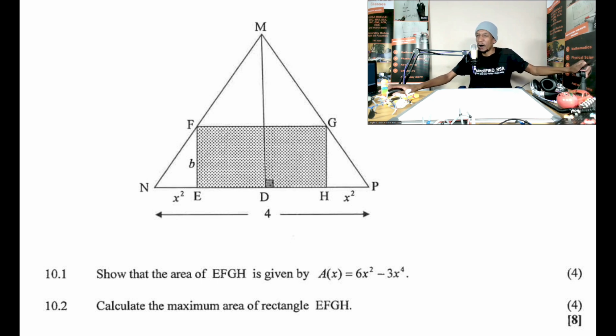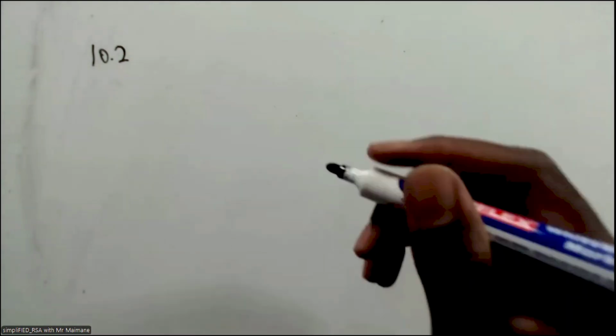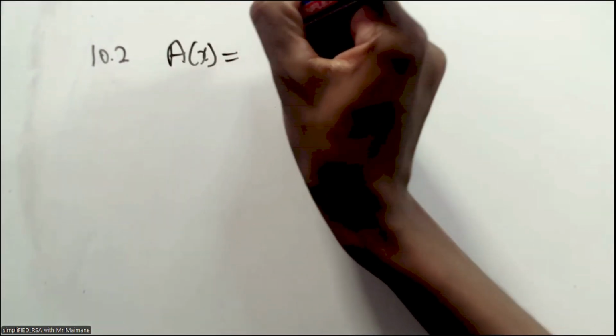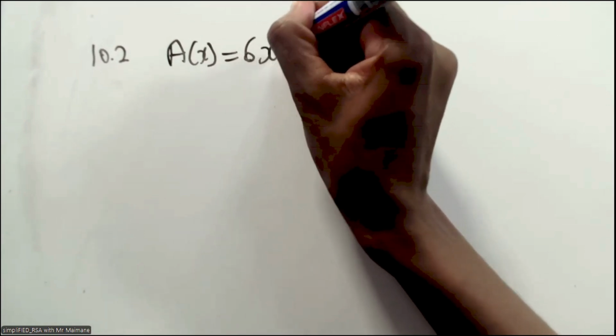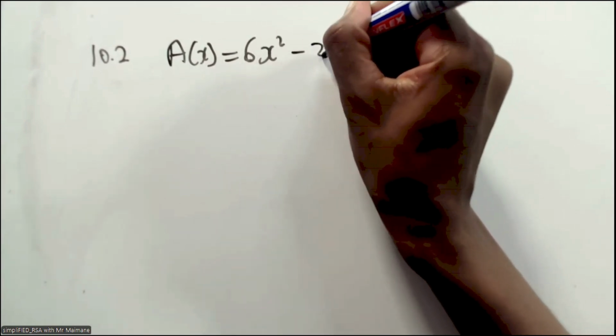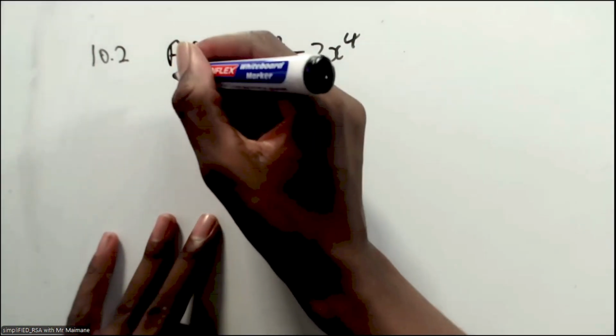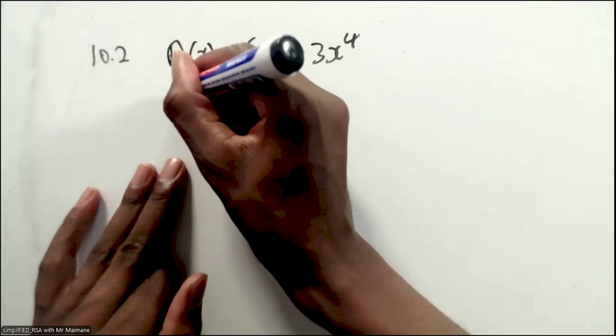So now, this is how we're going to go. We already know that the expression of that area, A(x), is equal to 6x squared minus 3x to the exponent 4, right? And then I will differentiate this and equate it to 0.